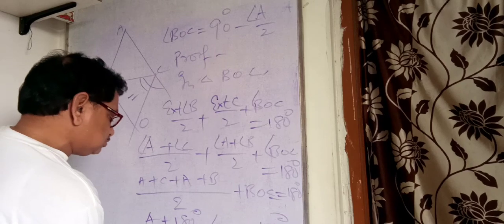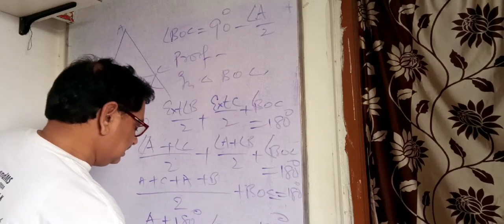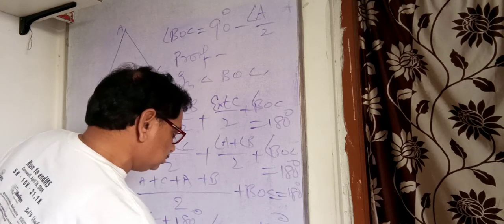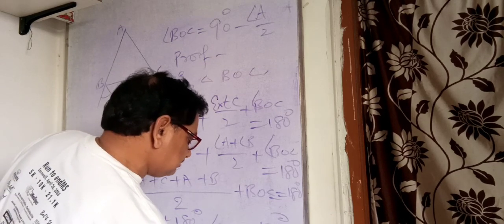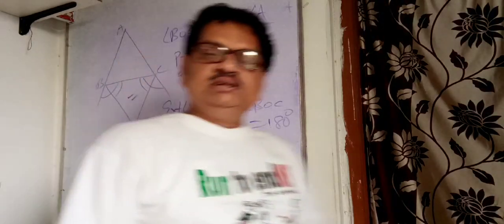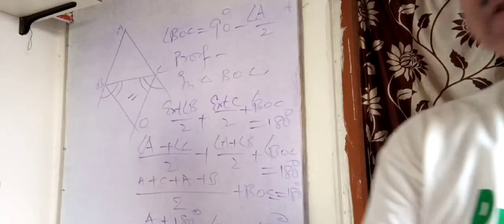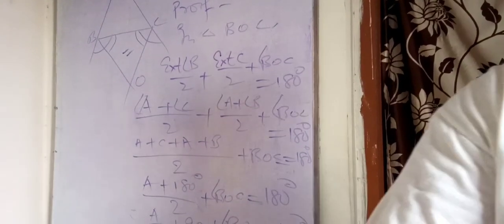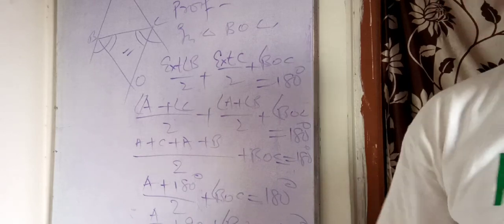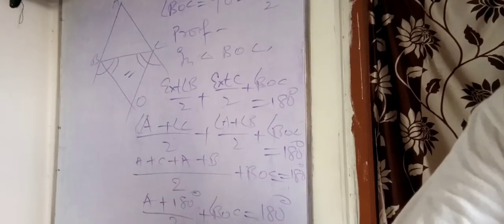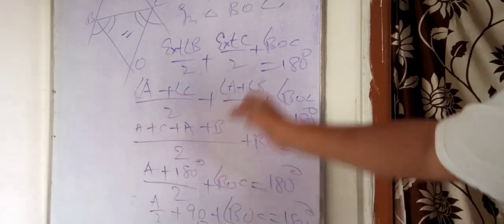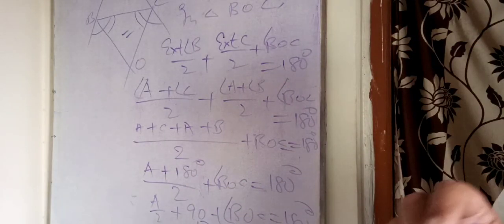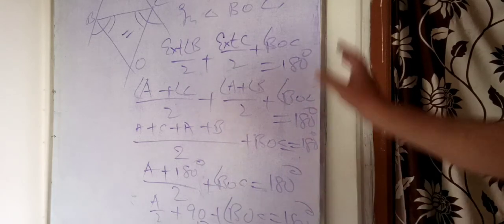If we take these two to this side, we will get our required result, BOC equal to 90 degrees minus half angle A. So in this way we show the required observation. Both these two results are very, very important, and they should be learnt by heart.